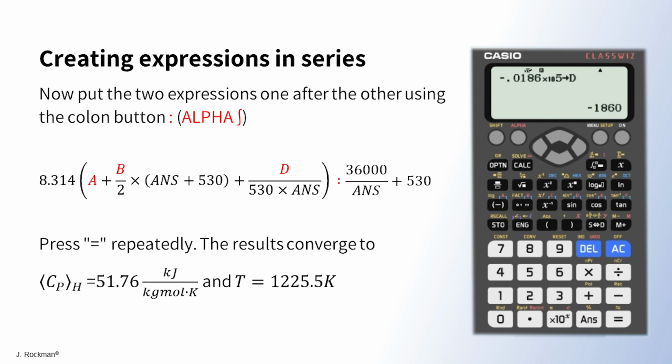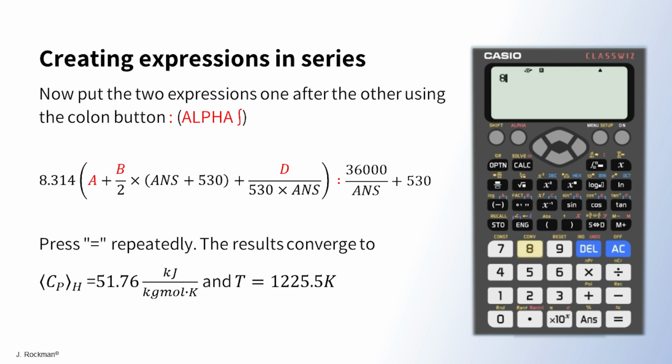Now make an initial guess for T. We'll assume it equals T0, 530. So type 530 in the calculator and press the equals button. Answer is now equal to 530. We now type two expressions in series using the colon button, which is found using the alpha integral combination. The first expression calculates Cp of H, and instead of T, we enter answer.